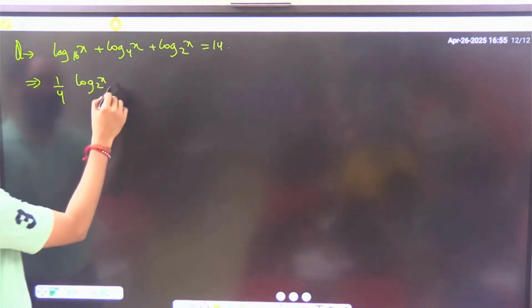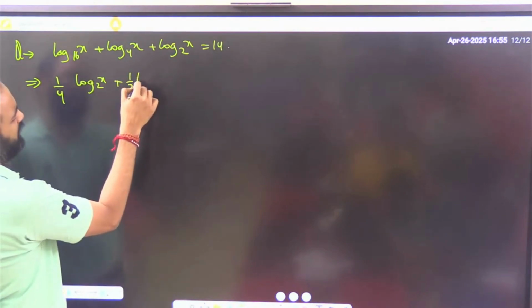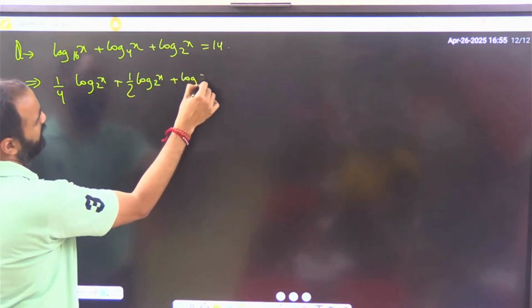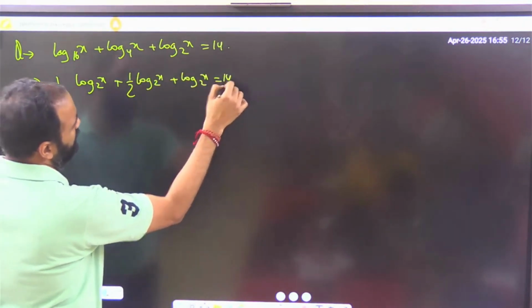What is the next term? Half log x to the base 2 plus log x to the base 2 is equal to 14.